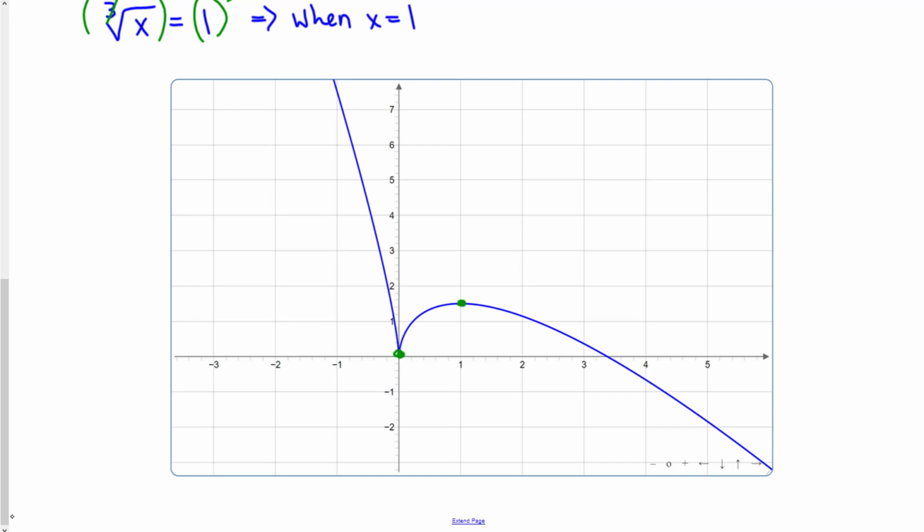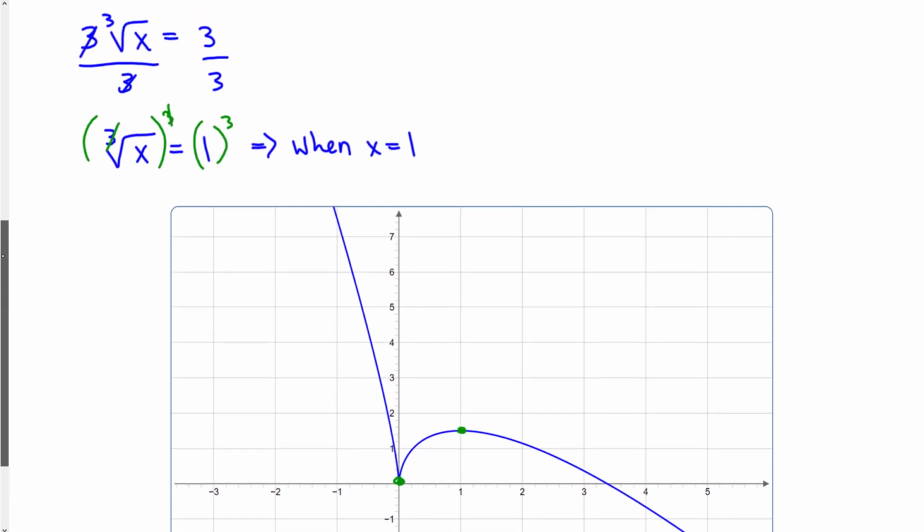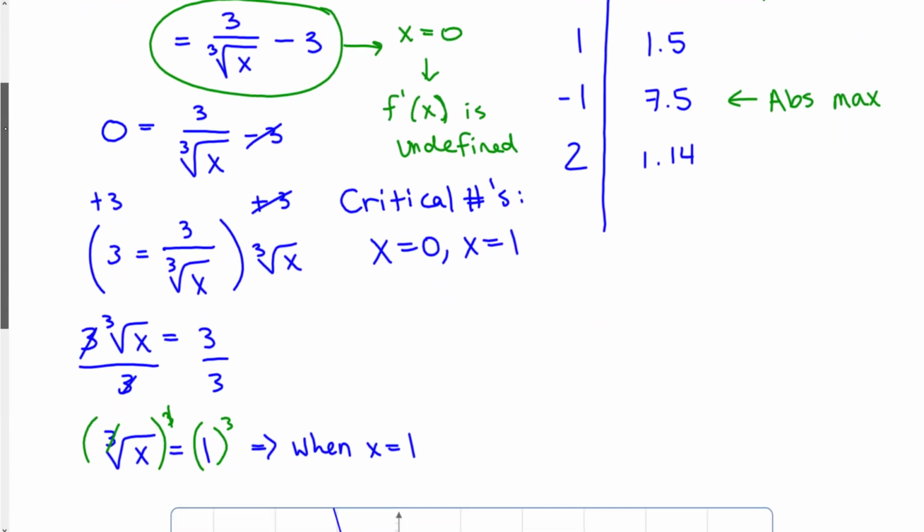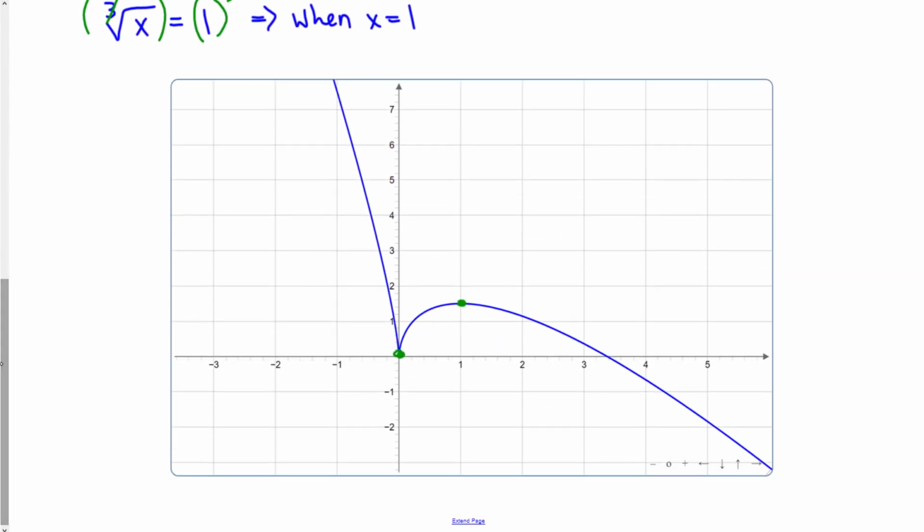The interval itself was restricted from -1 to 2. Let me double check that. Yeah, -1 to 2. So wherever f of -1 is, and wherever f of 2 is, these are also potential candidates to be the highest and lowest overall.